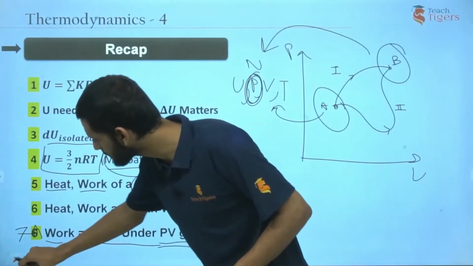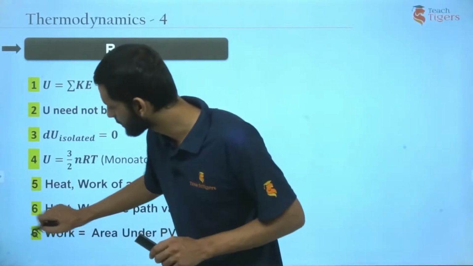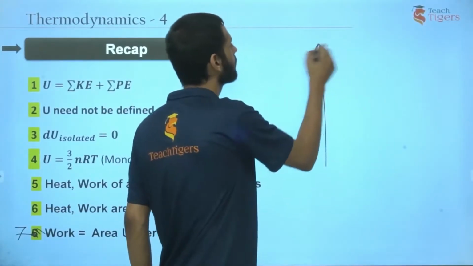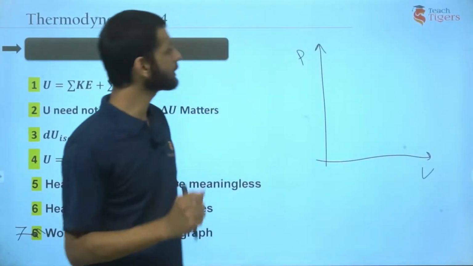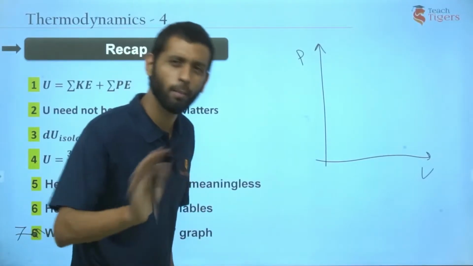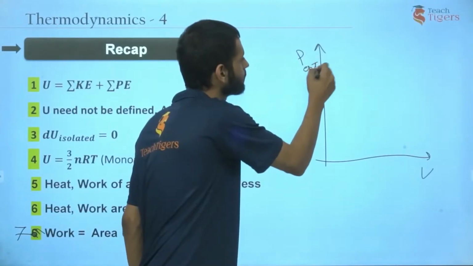So just to revise it and keep it all in your mind, I'll draw the diagram one more time. Once again, this is 7th point, not 6th point. So if I draw pressure, if I draw volume, one thing that some people tend to miss or not mention is that this pressure is supposed to be external pressure, right?